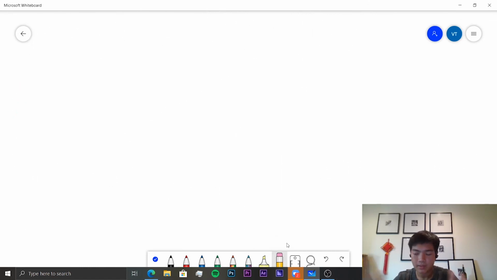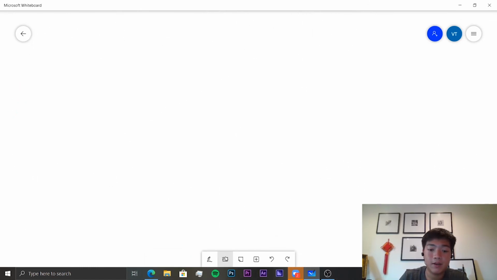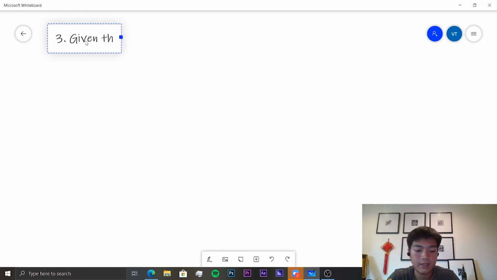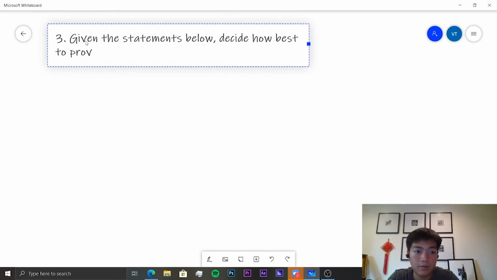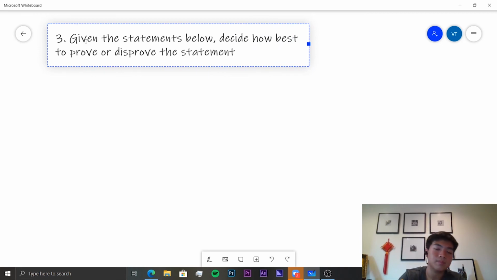So it's cool. So we're now moving on to the final two problems of today. And so we want to, given the statements below, decide how best to prove or disprove the statement. Use any methods.